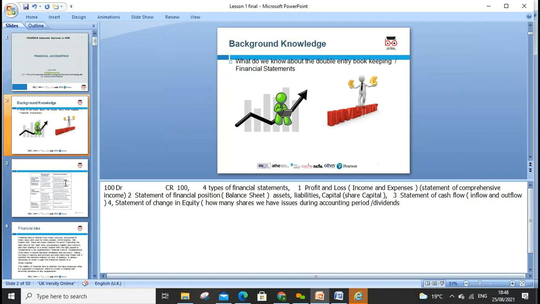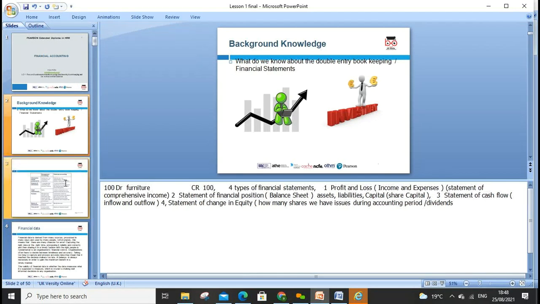What we do is always record transactions by the rule of debit and credit. So what is the rule? Say £100 debit, let's say we purchase furniture. £100 is debit to our furniture, because we are purchasing furniture.